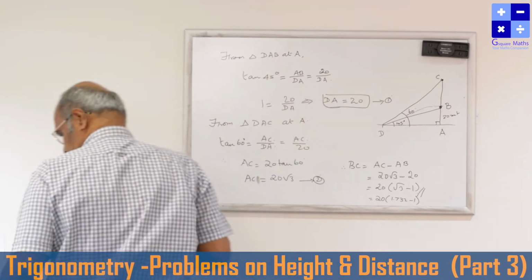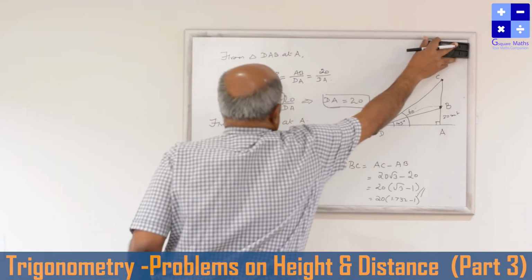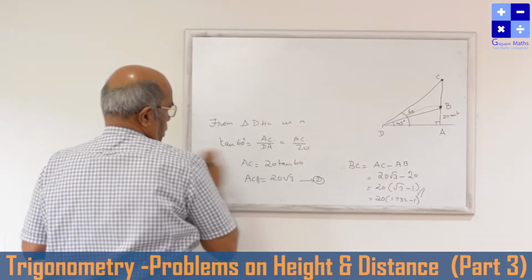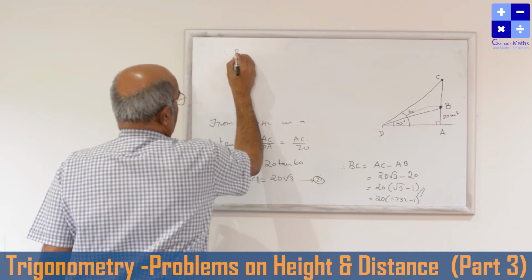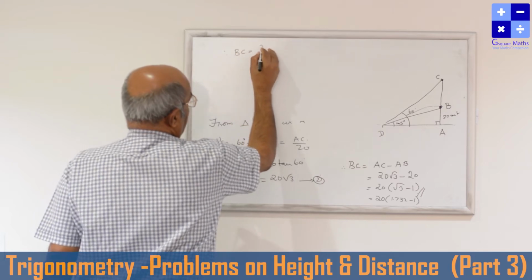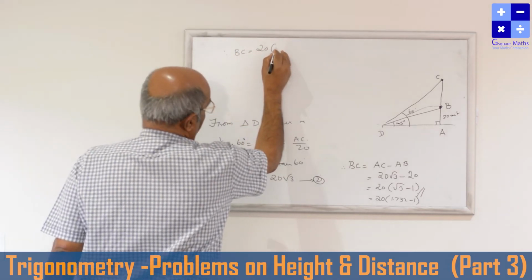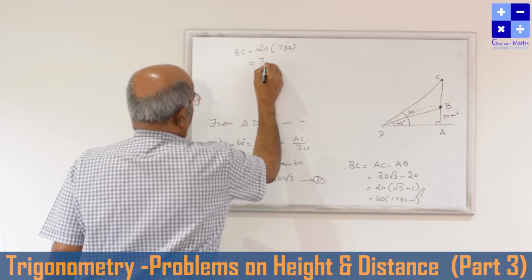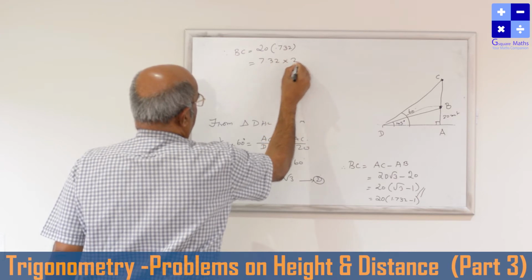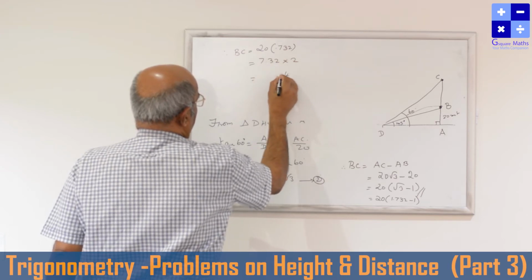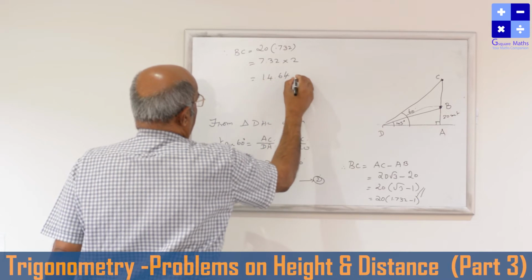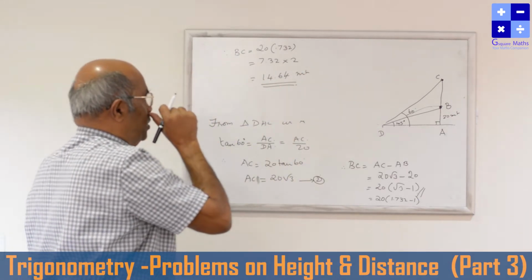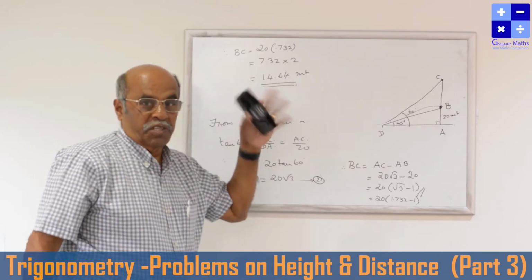Therefore, the final BC is equal to 20 into 0.732. That is 7.32 into 2. Just multiply 4, 6, 14. So the height of the transmission tower BC is equal to 14.64. That is what was asked.